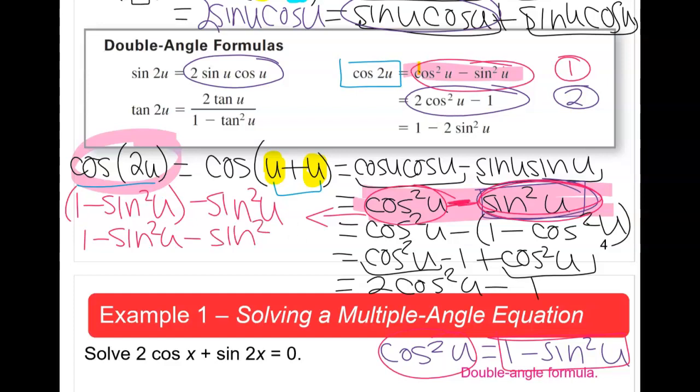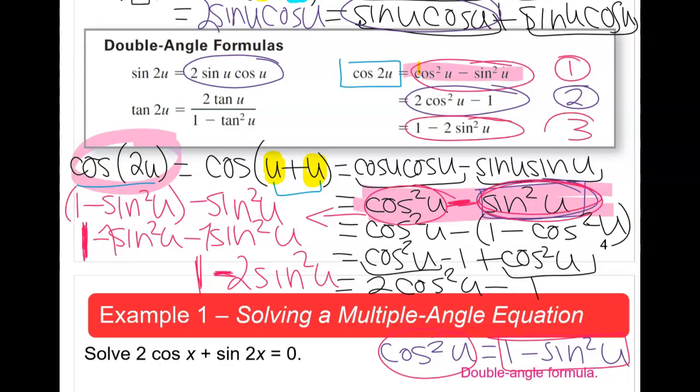We have two of those, with a coefficient of negative 1, so combining like terms we have negative 2 sine square u. And we cannot forget the 1 in front of the sine square u. So as you can see, we have the third variation of the cosine of the double angle.